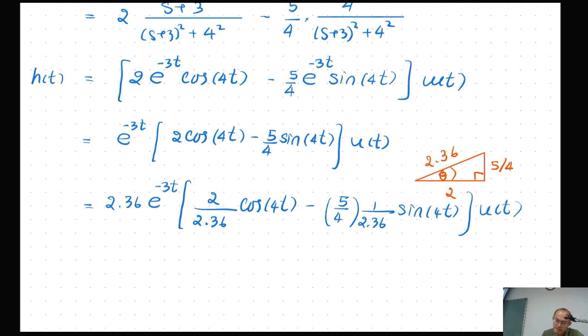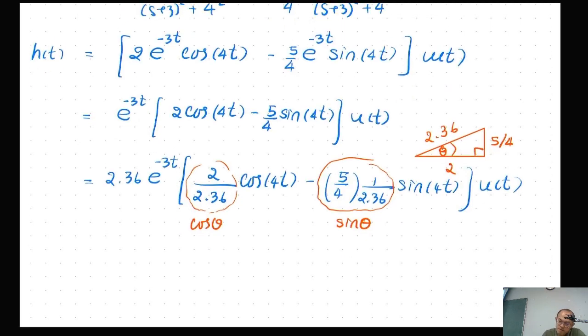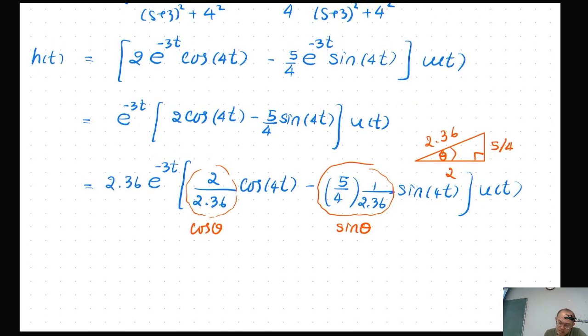Right? And then I recognize that this is cosine theta, and this is sine theta. So I can use a trigonometric identity to get it equal to 2.336 e^(-3t) cosine of 4t plus theta, times u(t).